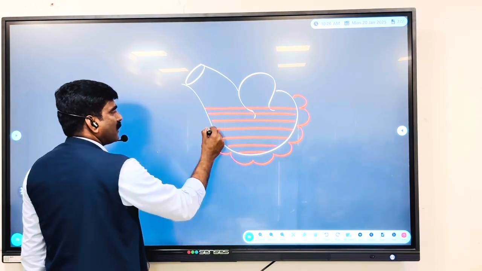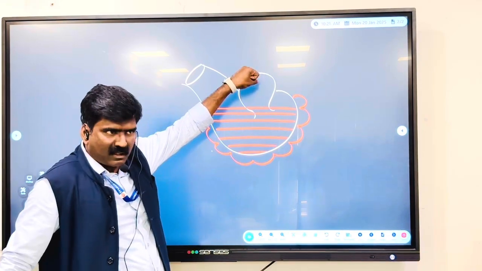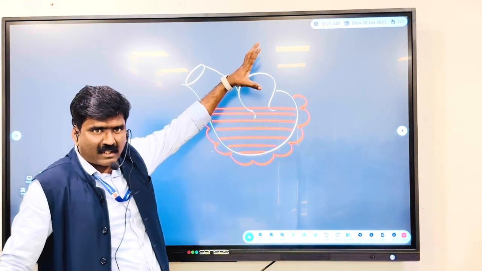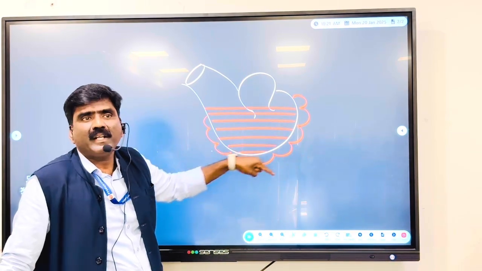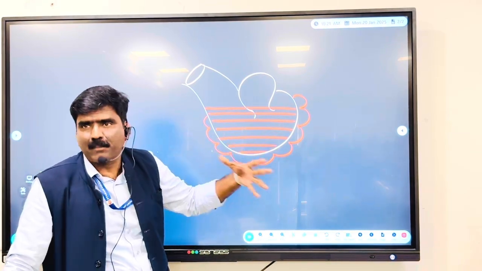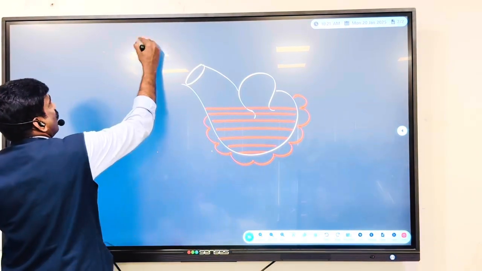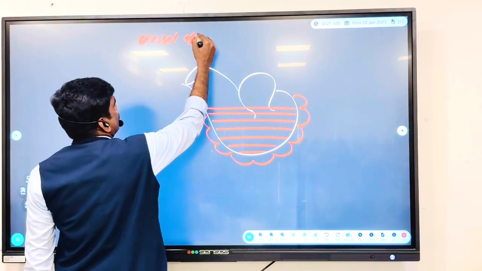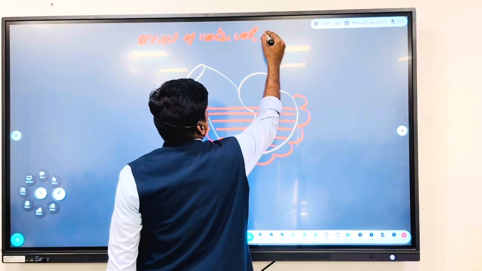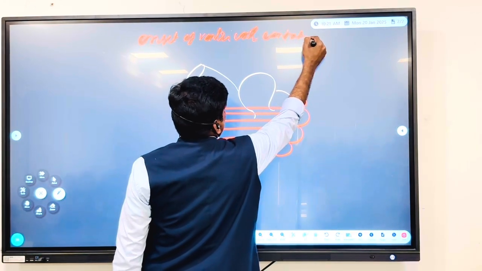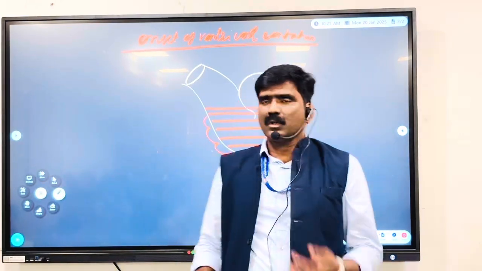Onset of ventricular systole. After atrial contraction completes, what should happen? Ventricular contraction, systole, should happen. So we are going to study the next phase, onset of ventricular contraction.